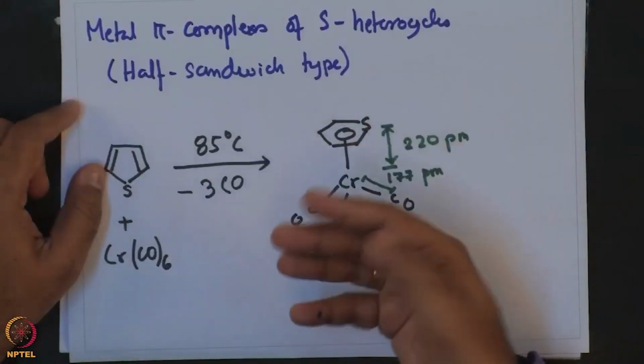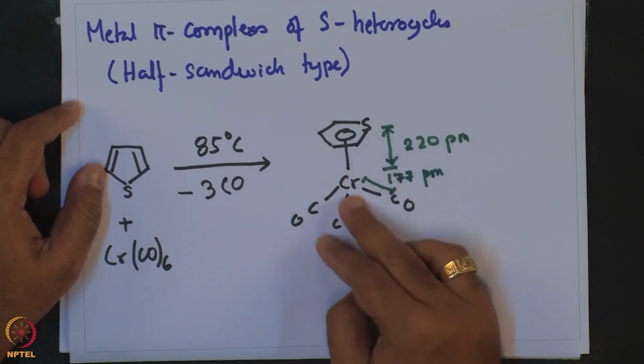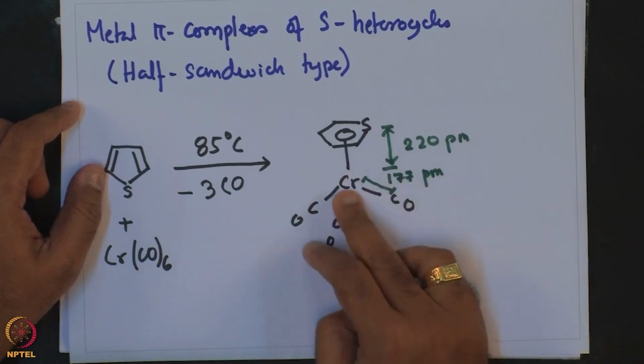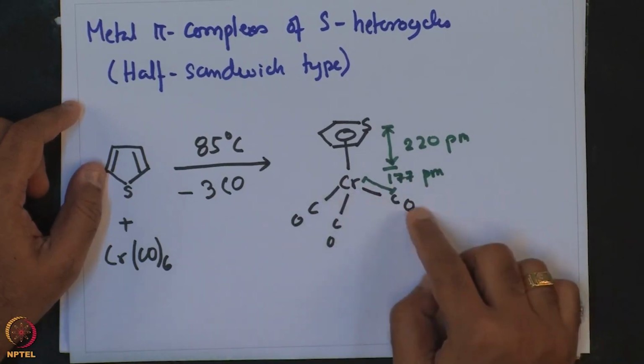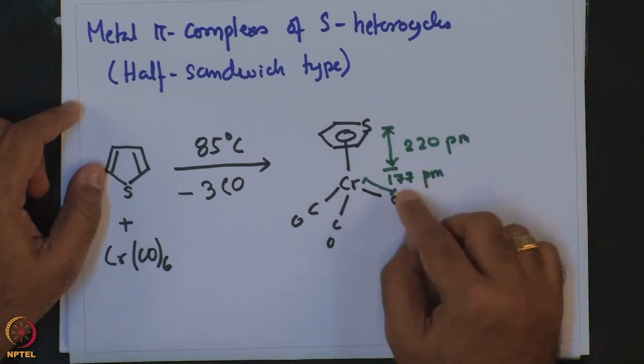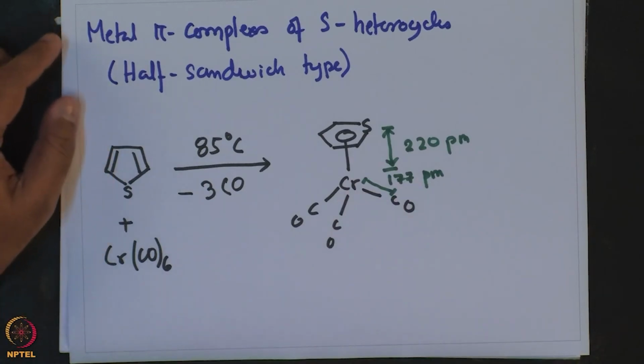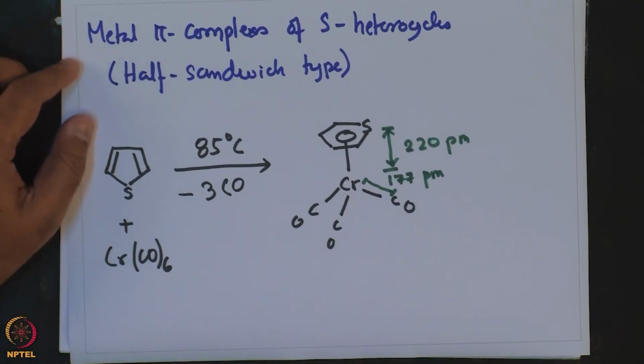So, thiophene donates electron density onto the chromium, and that electron density is further sucked in by metal to ligand pi bonding by these 3 carbonyl groups, which results in the observation of a much shorter chromium carbonyl distance in the thiophene chromium tricarbonyl complex.